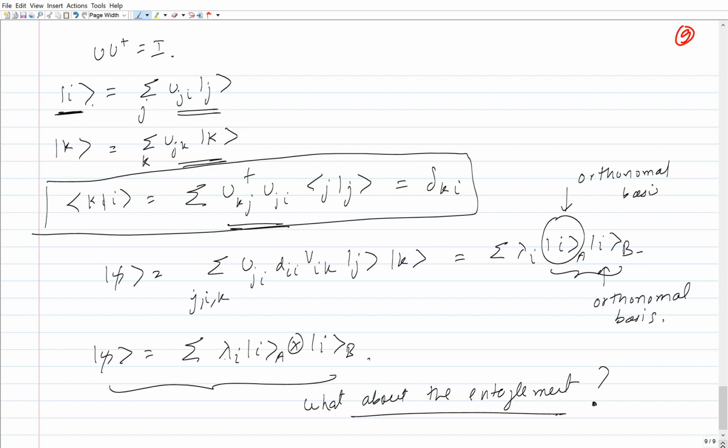Well, just imagine if in this Schmidt decomposition, all I have is only lambda 1, for example, to be non-zero, and all the rest of the lambdas are 0. Let me assume that I goes from 1 to d.